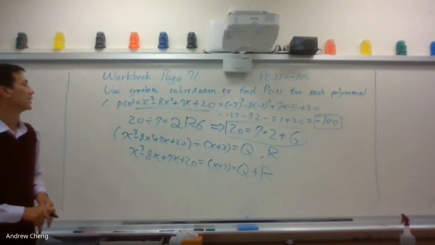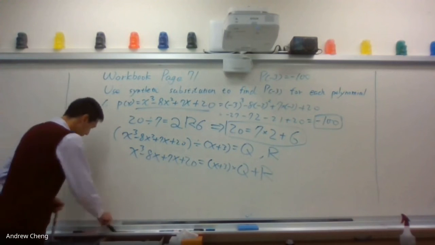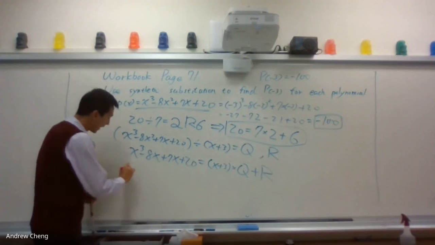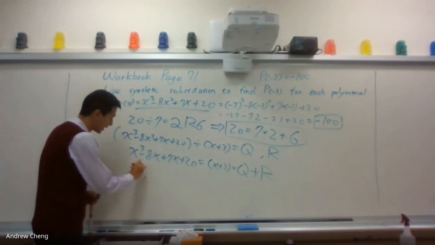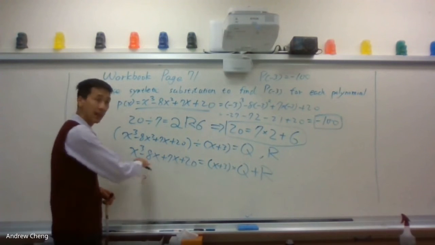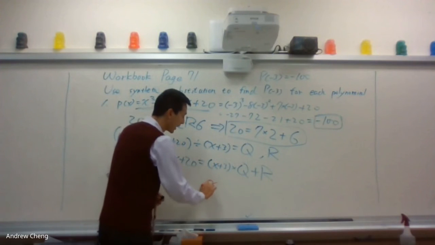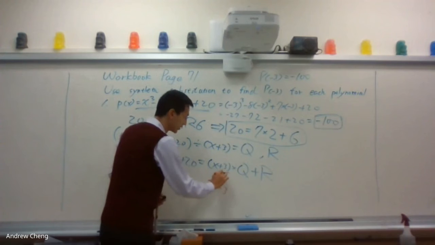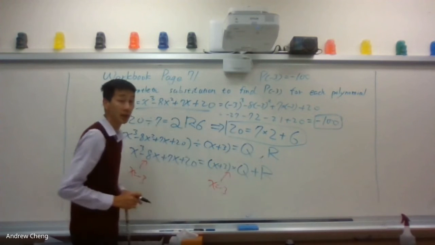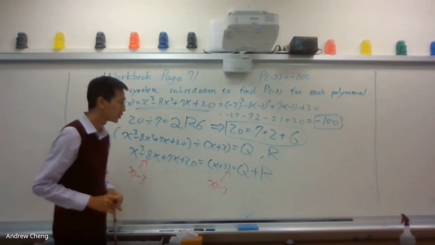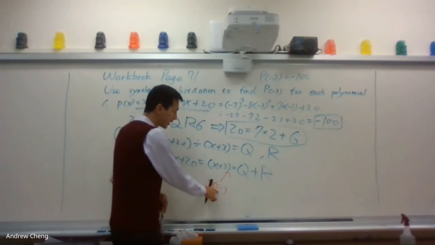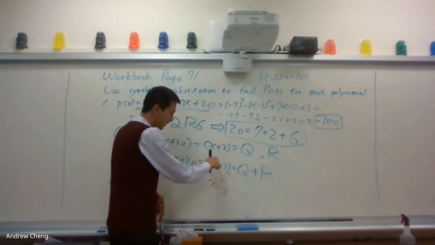If I plug in x equals -3 here, the left-hand side of the equation should equal the polynomial at x equals -3. But it will be much quicker, because if I plug in x equal -3, this term equals 0, because -3 plus 3 equals 0.